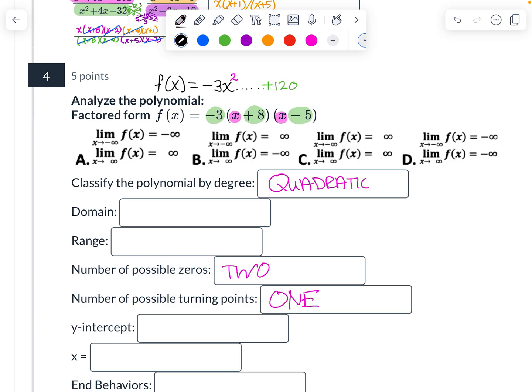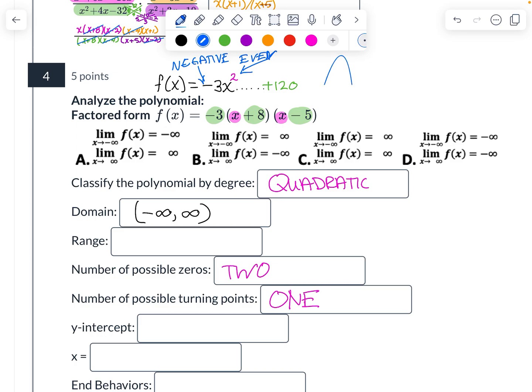The fact that it's a polynomial means that it will have a negative infinity to infinity domain. The fact that this is even, and the fact that this is negative means it will take on a shape that looks like this.